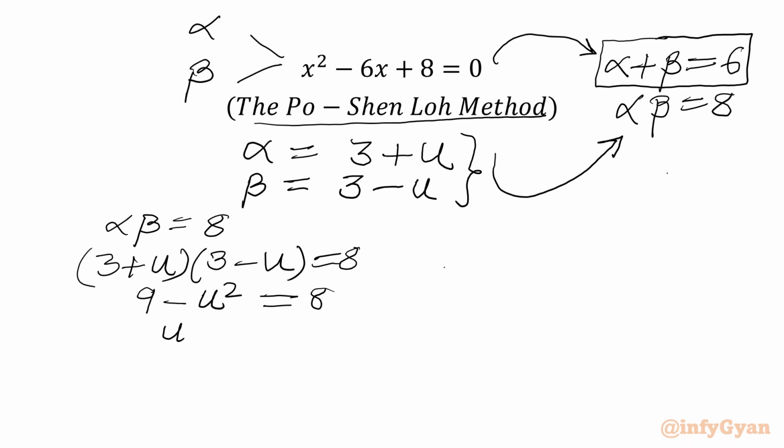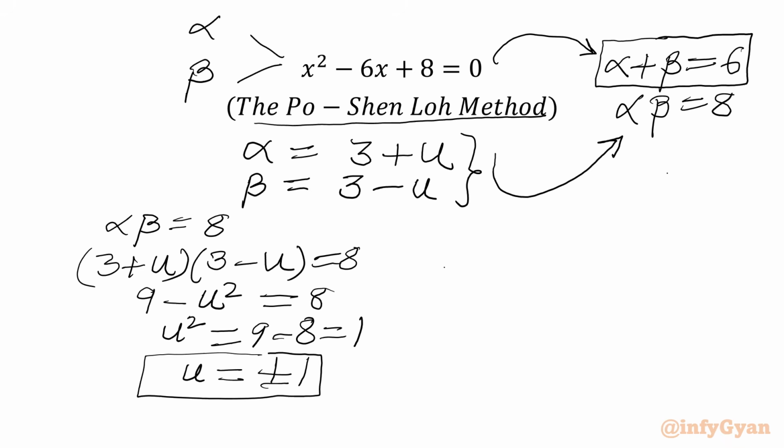By rearranging terms, u square will become 9 minus 8, which will be equal to 1. After taking a square root both sides, u will become plus minus 1. Now we will consider plus 1 case or minus 1 case, we are going to get the same roots.